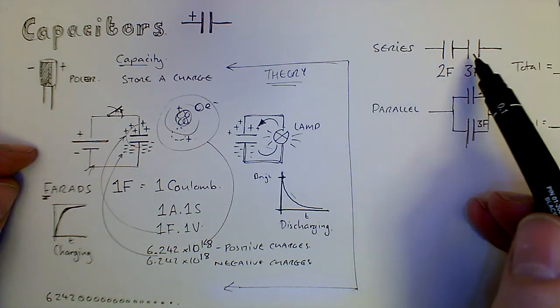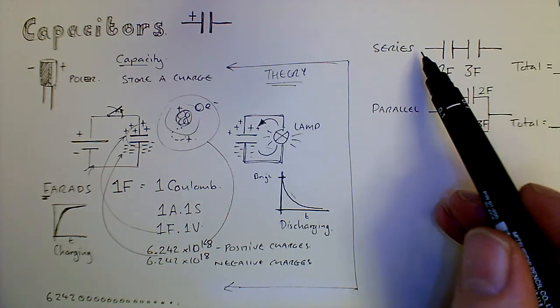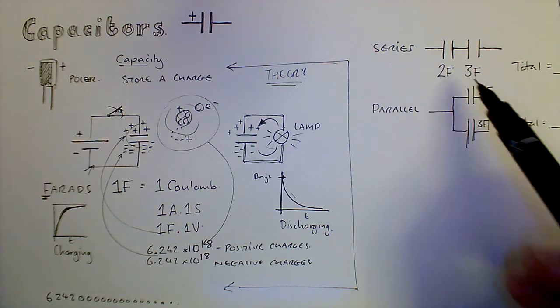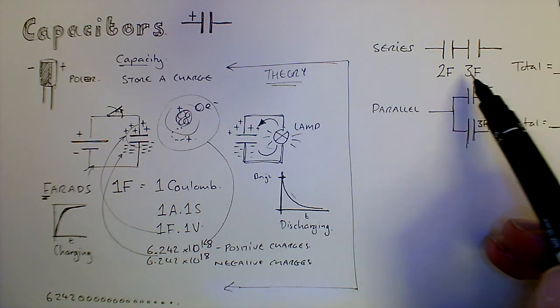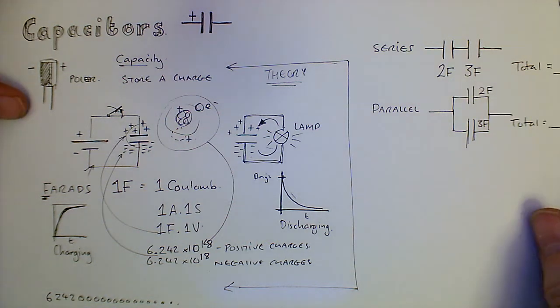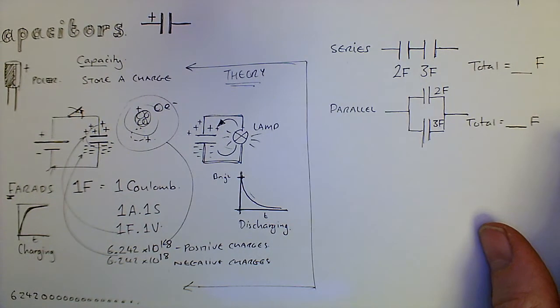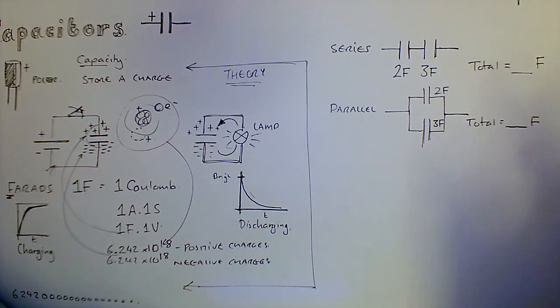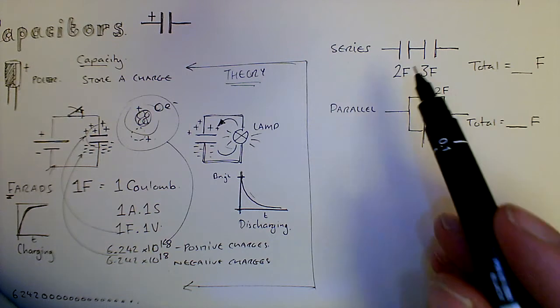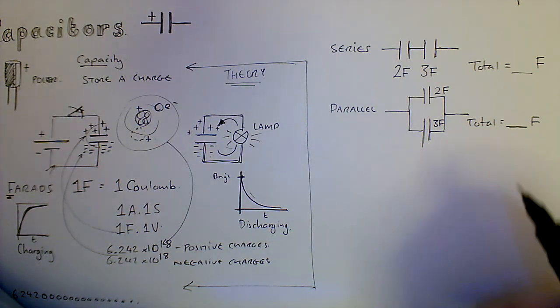The temptation, when you see this sort of problem, is to think to yourself, this is just like resistors, so I'm just going to go 2 add 2 is 5. And unfortunately you would be wrong. In series, resistors add up, but capacitors and resistors are different, and therefore they work differently.